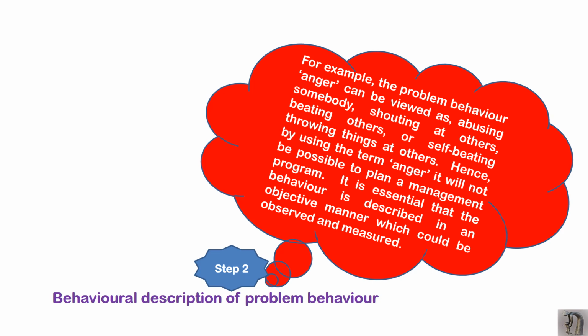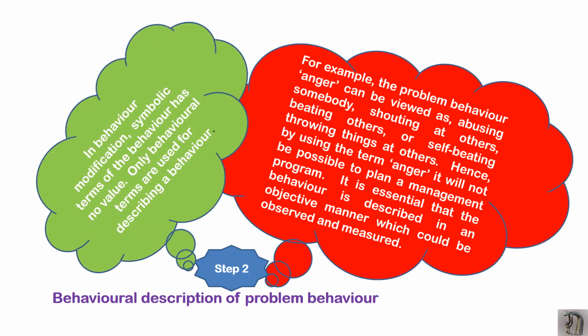If I say the child is angry, okay, plan your educational program or intervention, how can you prepare unless you know the details of the child? So it is essential that behavior is described in an objective manner which can be observed and measured. In detail, what kind of things, why he is getting angry, when someone says something, what is the antecedent behavior, you need to understand.